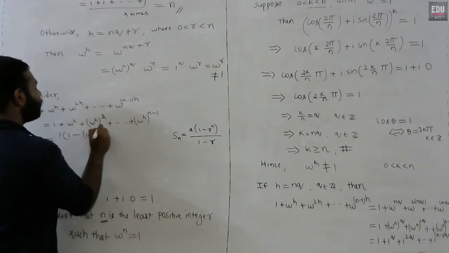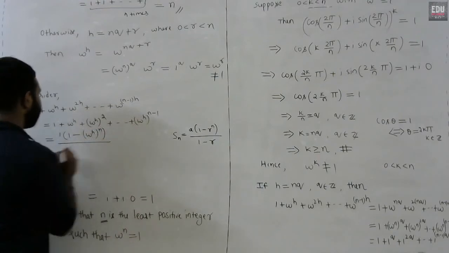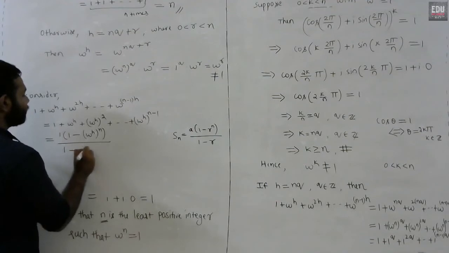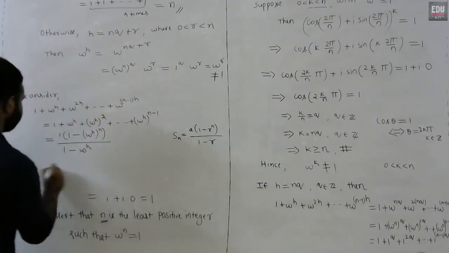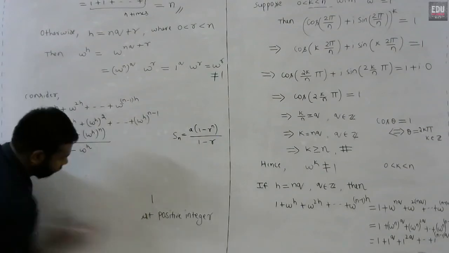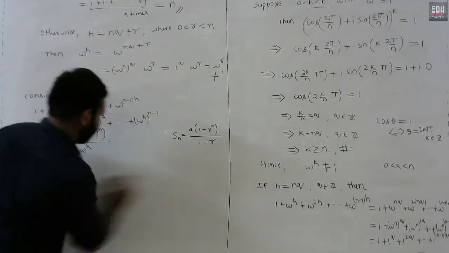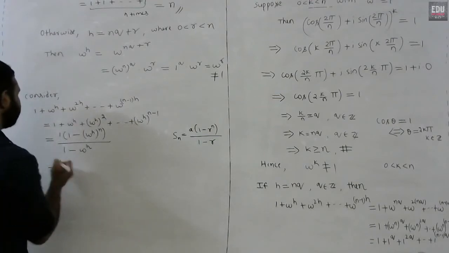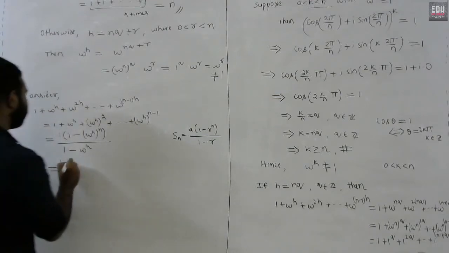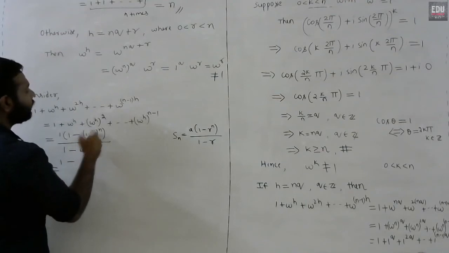So it is 1 minus omega power h whole power n divided by 1 minus omega power h.